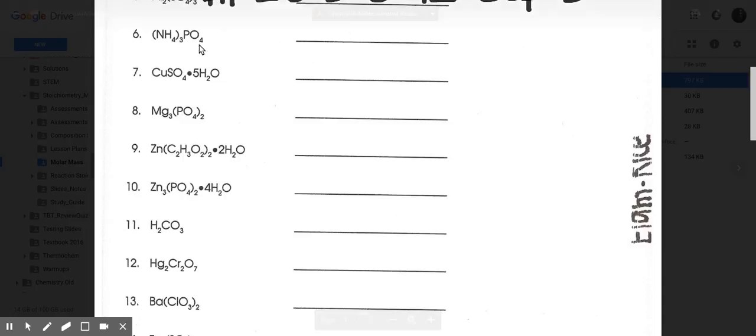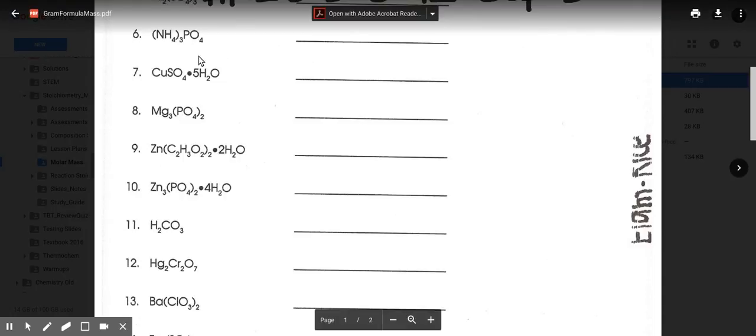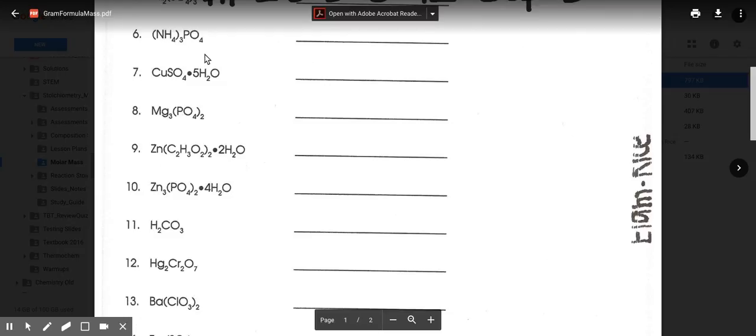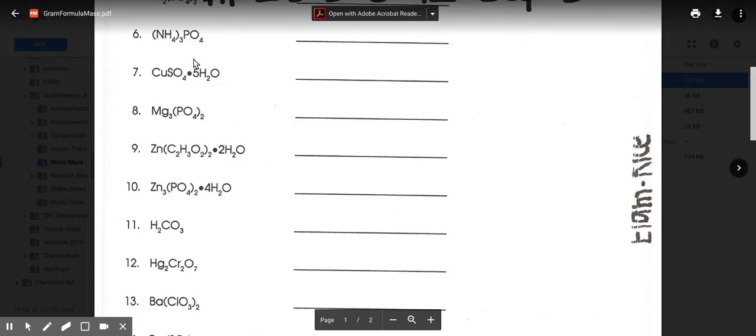But this dot right here, when we see this 5 and then water, we have 5 moles of water. So this dot with water behind it, 5 moles of water, lets us know that we have a hydrate, all right? So we have copper 2 sulfate pentahydrate. You all learned that the prefix for 5 is penta, and we have 5 water molecules, all right?